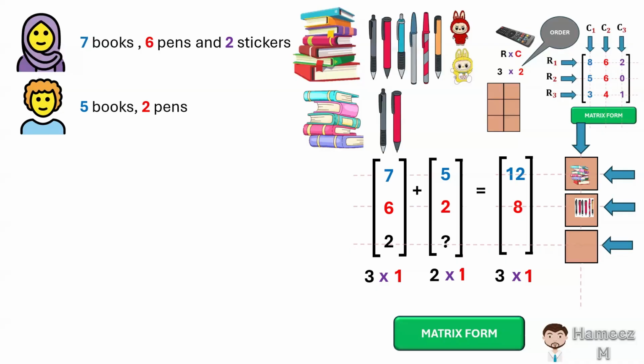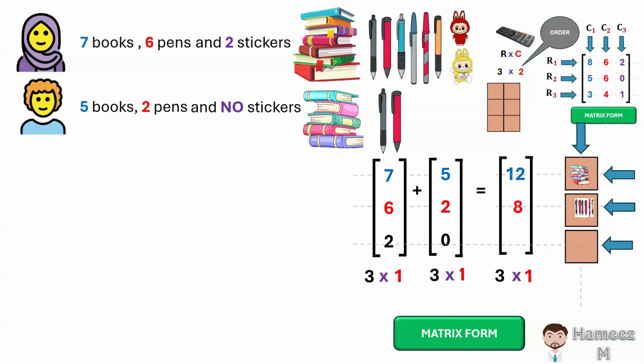So if we now have this piece of information that Liam has no stickers, then we can replace the question mark by a 0. And now it's 7, 6, 2 from Sarah, 5, 2, 0, which means Liam's information is a 3 by 1. So we have a 3 by 1 from Sarah in terms of the matrix formed and another 3 by 1.